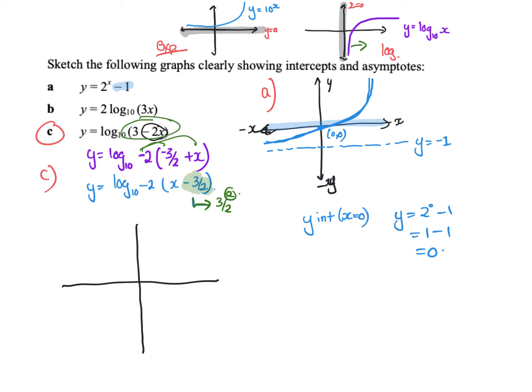If you take it out like that, you can easily see the moving, because this -2 is just a dilation. It's hard to see that in your sketching, so don't worry, but you need to see the moving, because we know that this graph asymptoted on -3 on 2, right?